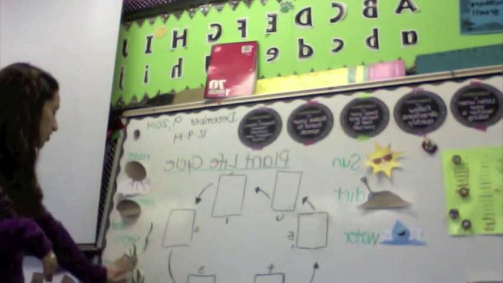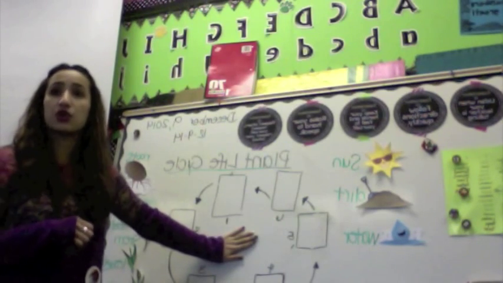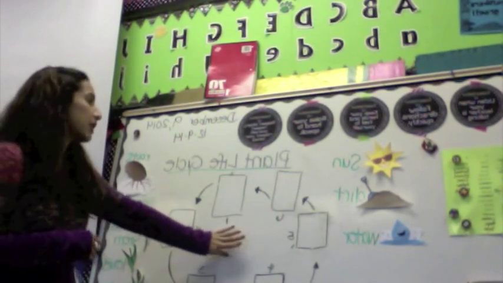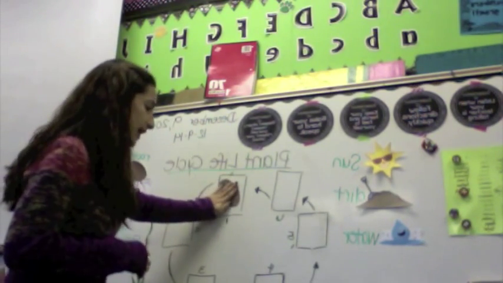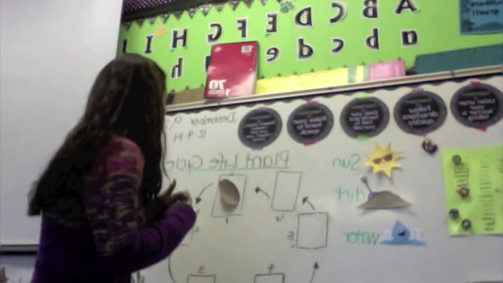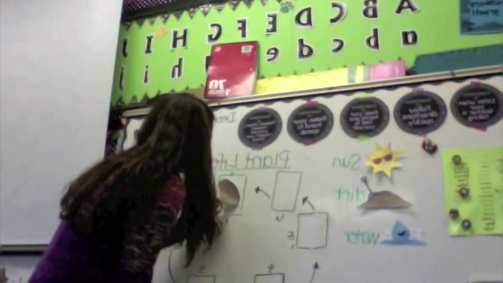Okay, so that's exactly what we're going to be doing with our graphic organizer today. Here we have the pictures, and we're going to fill these pictures into our graphic organizer in the correct steps that we've been learning. All right, so the first step, for box number 1, a plant starts off as a seed, right? So we're going to write seed in the box. And you will also be doing this with your elbow partners too.